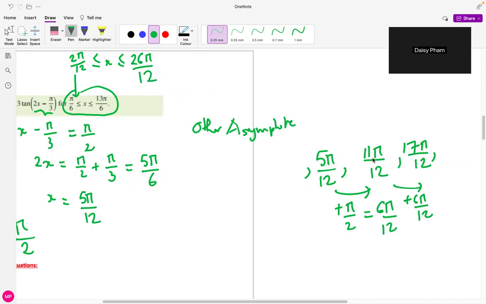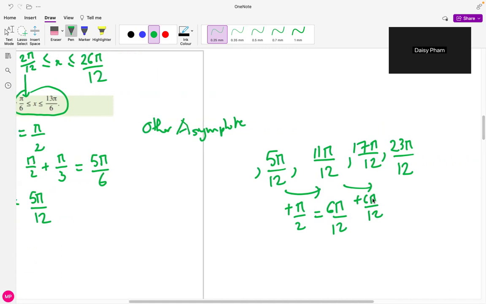So we have 5, 11, 17, plus 6 next, we get 23π/12. And then if you plus another 6, you get 29, which is over the domain. I just added it in for now, but I'm going to cut it off later. I can show you when to cut off, but we won't need this.